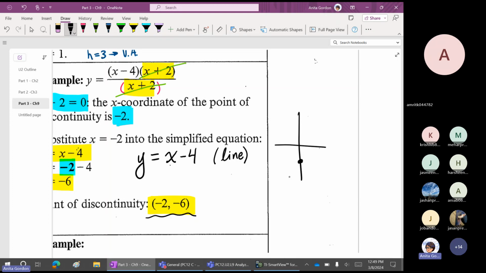That means somewhere down here, there is a hole. We draw it as an empty circle. Okay, so my line goes on and on and on forever, but there is a hole in the line at the point negative 2, negative 6.